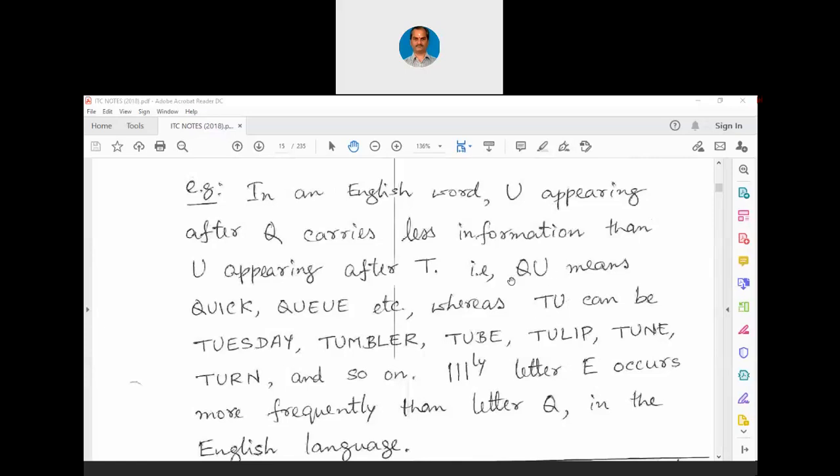Which means for this U appearing after T, because it is more probable, we can have fewer bits because it is regularly occurring, where we save the number of bits. If U appears after Q, which is less probable, we can have more bits because it is not occurring regularly.